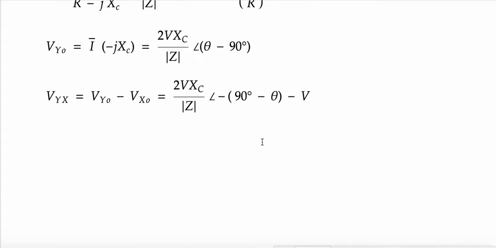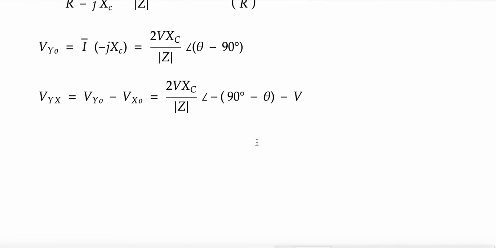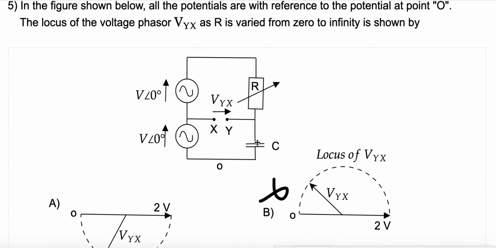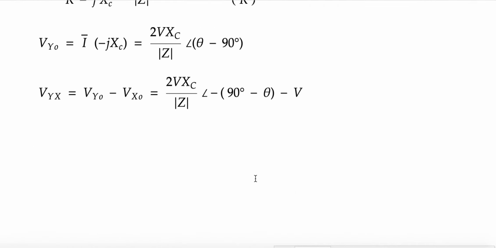Let's see the values when R is 0 and when R is infinite. When R is 0, that is a dead short circuit here. So VYO becomes 2V, since this point is connected here. So V minus 2V is minus V. You can put that in equation form as well.